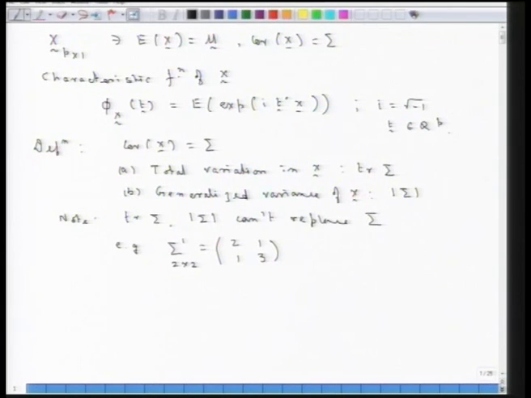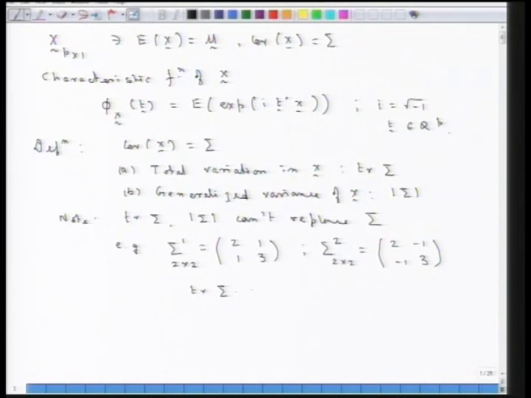Suppose this is the first sigma matrix, the covariance matrix. We can have another 2 by 2 matrix which has the same entries 2, 3 on the diagonal, and -1 and +1 on the two off diagonals. So, these are two different covariance matrices.